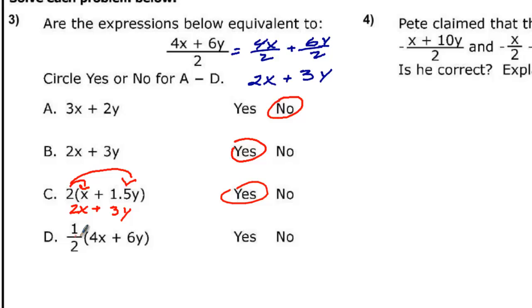And then D, we also have to do this distribution. We can just say to ourselves, what's half of 4x? Would be 2x. What's half of 6y? Would be 3y. So on 3, A is a no, but B, C, and D are all yeses.